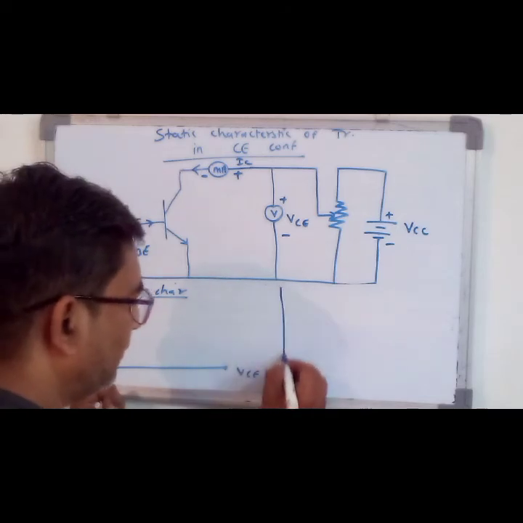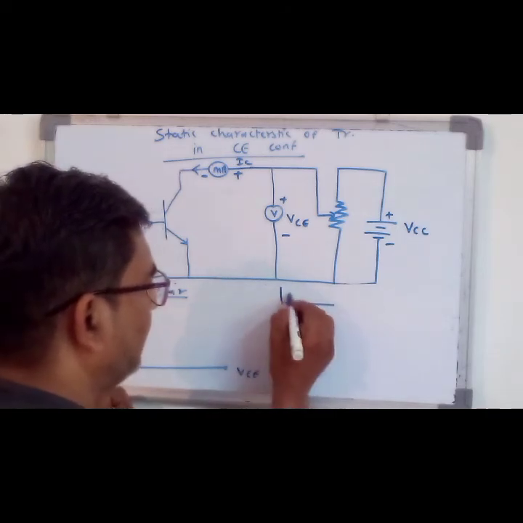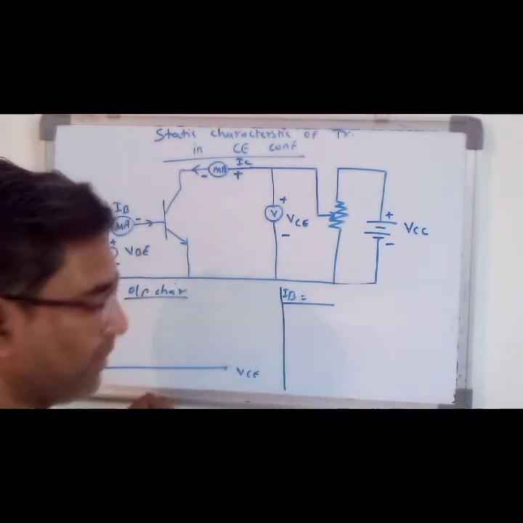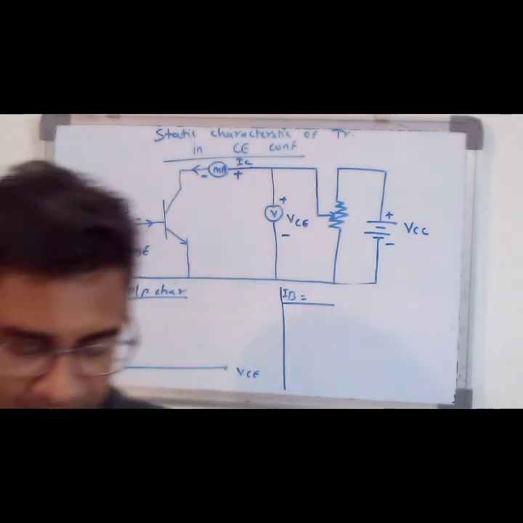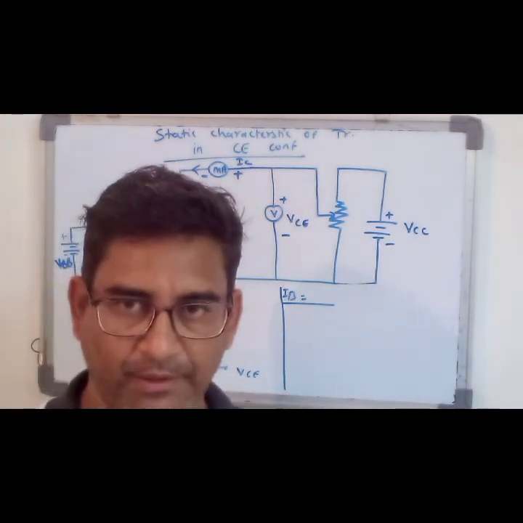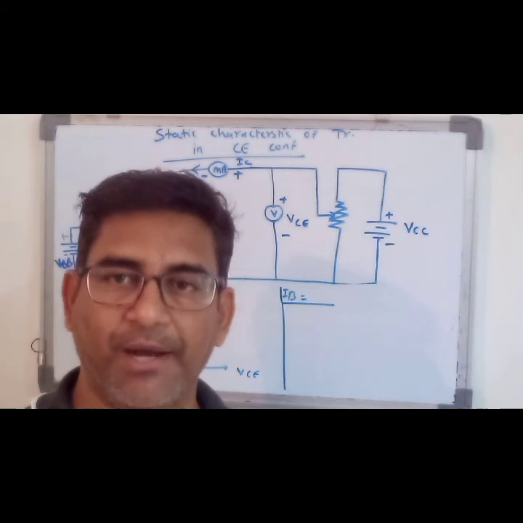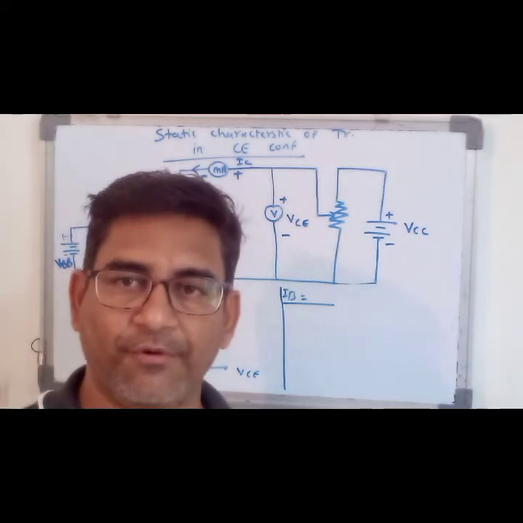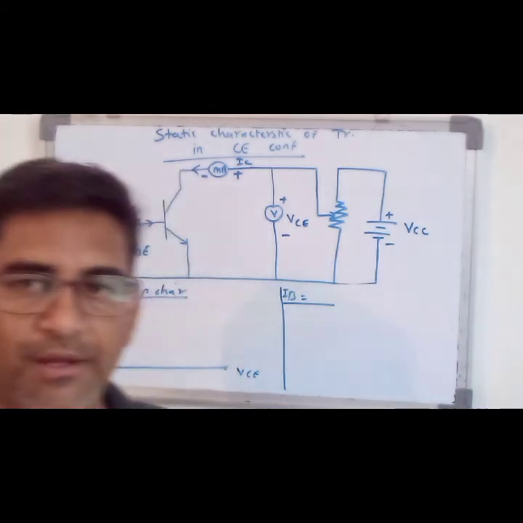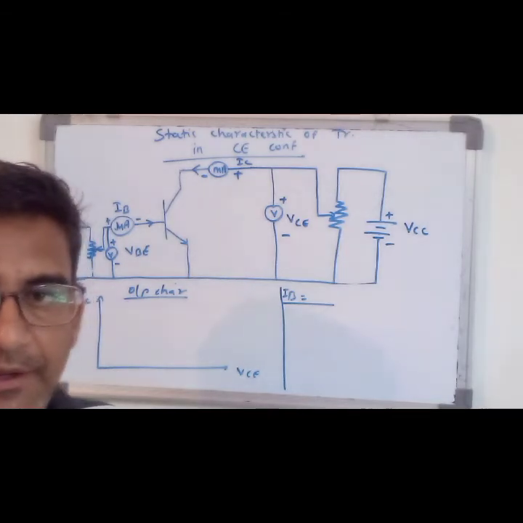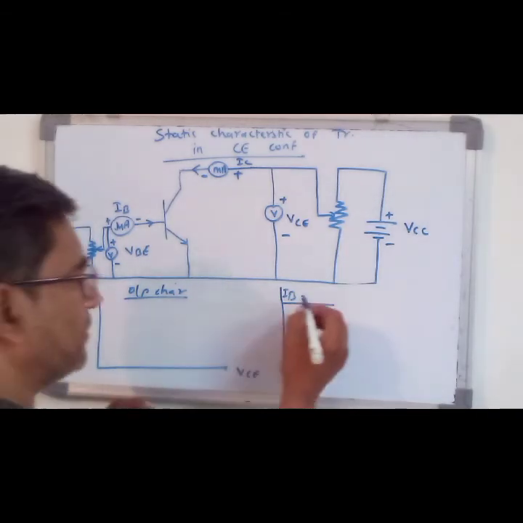So here, if you first put IB as 10 microampere, then increase it to 20 microampere, then 30, 40, 50, 60, we will observe what difference you get in the wave.